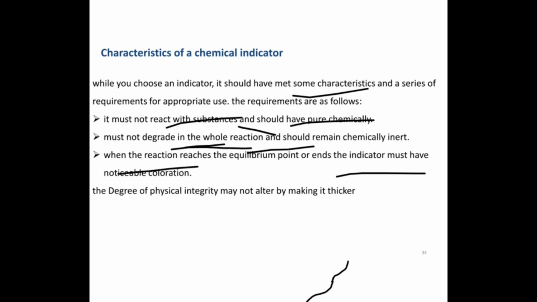Means the change in color should be seen at the end of the reaction or with the change of pH. These are the main characteristics of indicators: it should not dissolve, it should not degrade, and at the end of the reaction the color change will be seen.